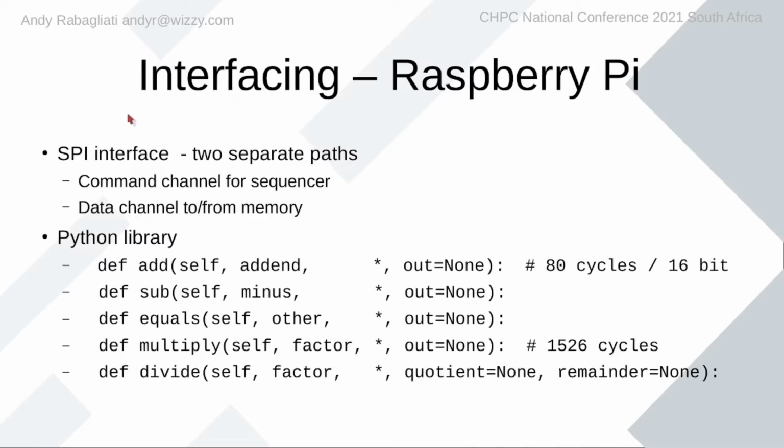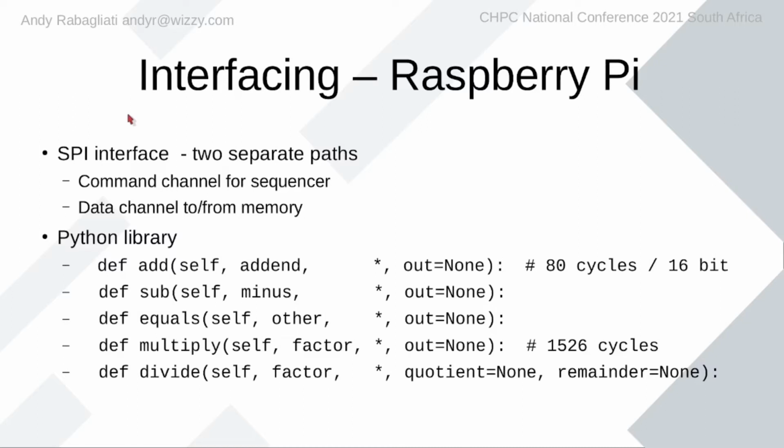To interface this and to make it easier to work with, I hooked it up to a Raspberry Pi. The Raspberry Pi has the SPI, the serial peripheral interface, that links between the Raspberry Pi and the field programmable gate array.